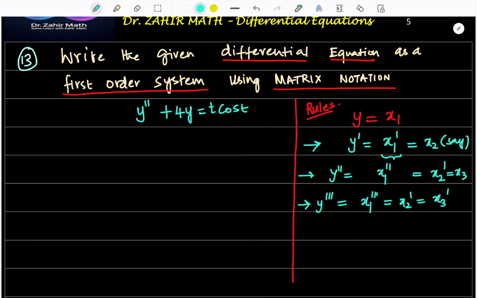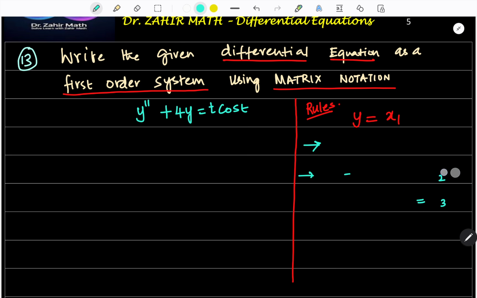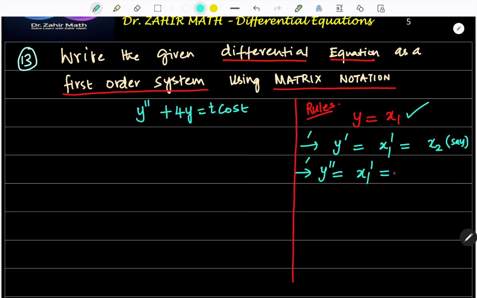Don't get confused. Once again, let me write everything again. The only formula you have to remember is y is equal to x1. Take the derivative, y dash, which is x1 dash. For simplicity, I'm calling it x2. And the next, again I'm taking the derivative, which is y double dash, which is x1 dash, which is equal to x2 single dash.